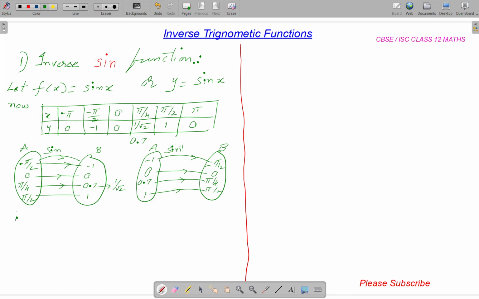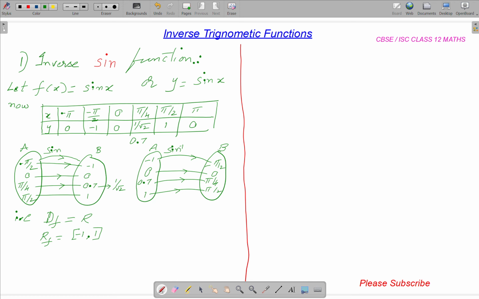That is, here the domain of f is equal to R, and the range of f is equal to the closed interval of minus 1 and 1.